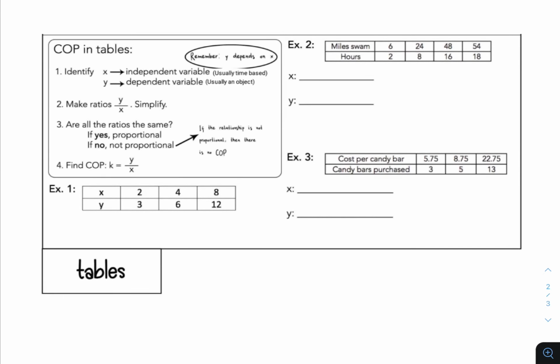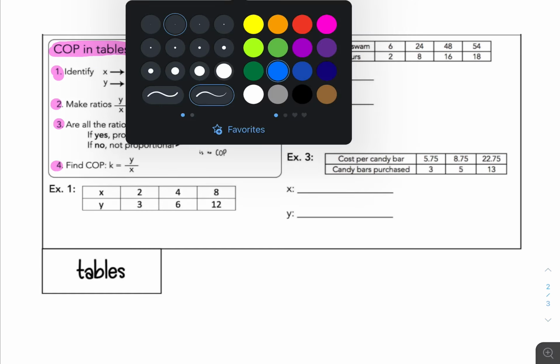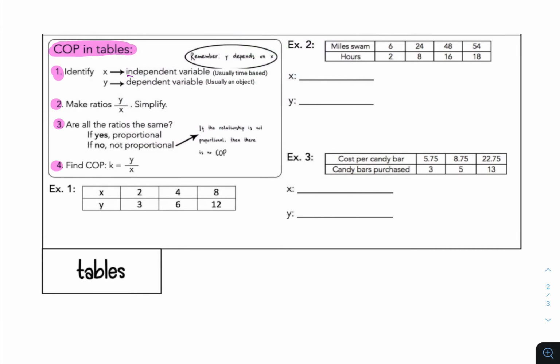Finding the constant of proportionality in tables, there's a good set of steps to identify. The steps are right here, and I will highlight them in hot pink. Right here, we have step 1, 2, 3, and 4. Step 1 talks about identifying the x and the y as the independent and dependent variable.